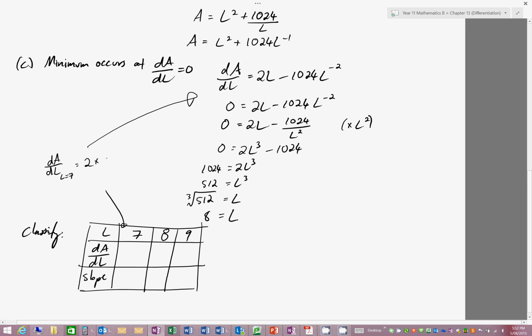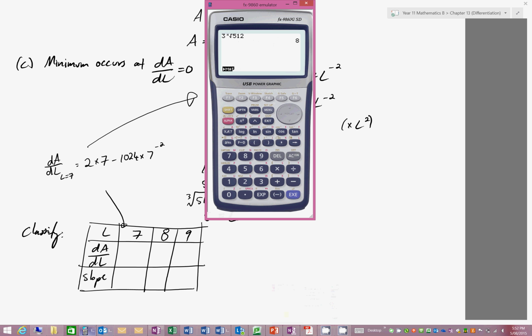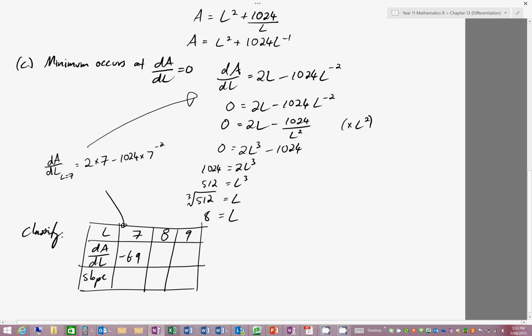So 2 times 7 minus 1024 times 7 to the power minus 2, minus 6.9. That's a negative value.